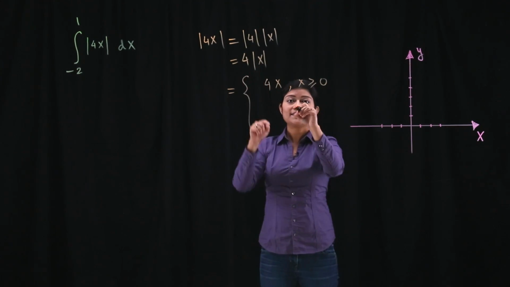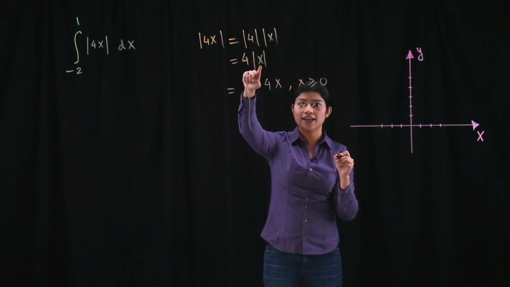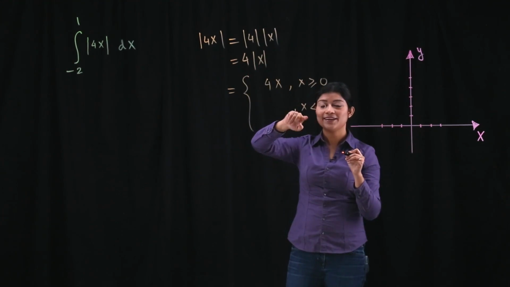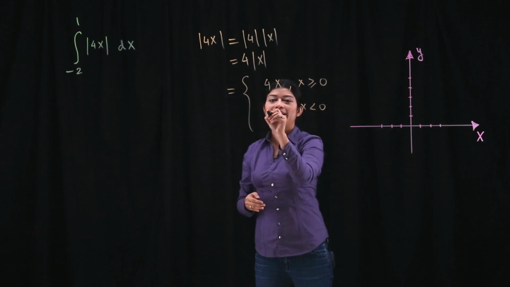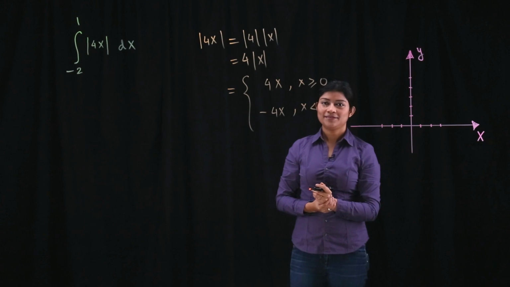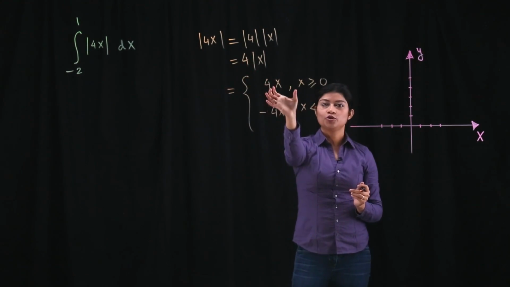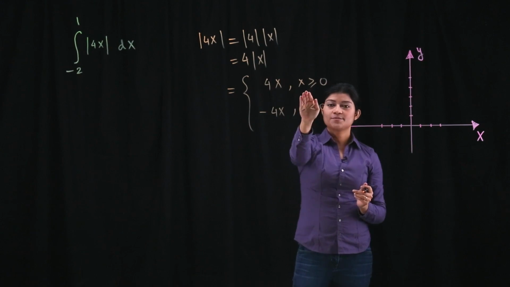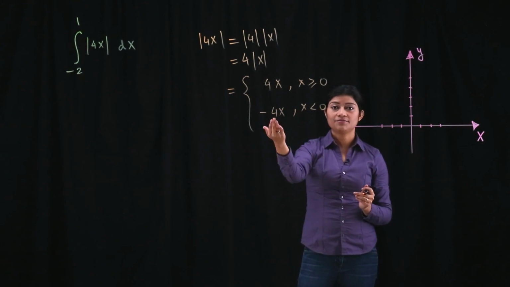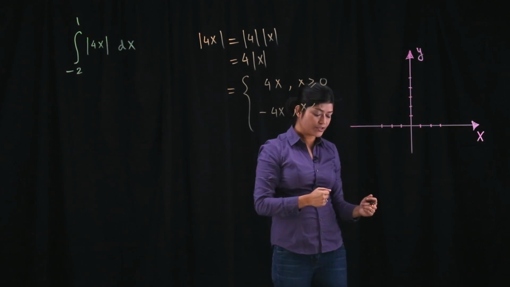What happens if x is negative? Well, if you plug in a negative value, you still get a positive, right? How do you get that positive? By having a negative of x. So the absolute value of 4x is actually made of these 2 lines. When x is positive, you get 4x. When x is negative, you get negative 4x. So let's graph it and see if we understand.